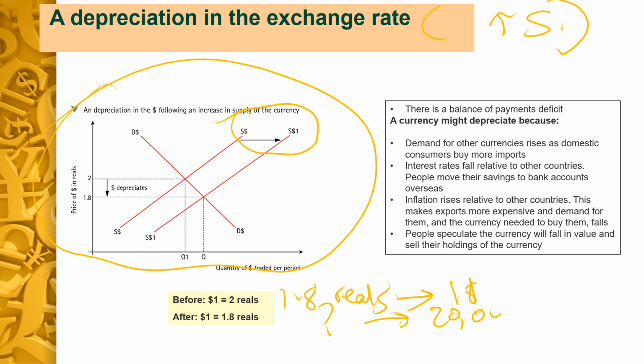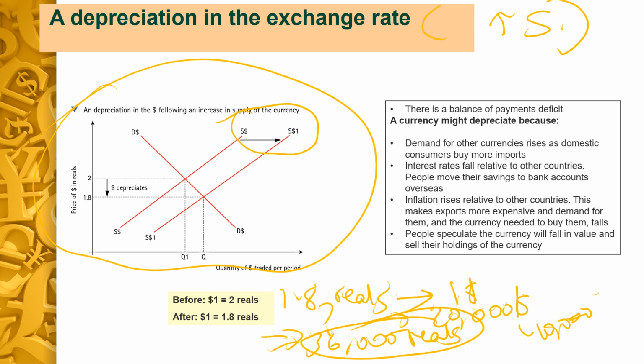If it was $20,000, let's see how much they need to exchange. Cross multiply, 36,000 reals, so it is the new price of the car, and it is much better than exchanging 40,000 reals in order to get the $20,000 car.